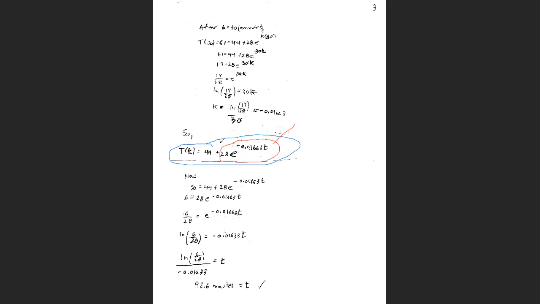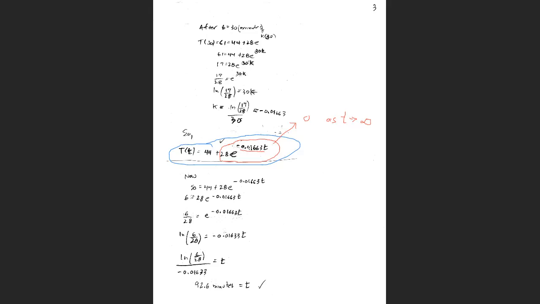What happens to that term, the 28 times e to the negative 0.01663 t? What does that second term approach? That's right, Michael. That term approaches 0. Because the exponent is going to be very negative, and e to a negative infinity is equal to 0.